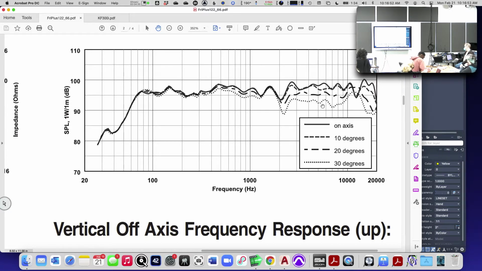Once you get to 30 degrees, it's starting to get inconsistent in the way that it's attenuating those frequencies. That's one of the reasons why we start caring once you cross that 6 dB down point. Because after that point, the frequency response has become irregular enough that we're not comfortable with that.